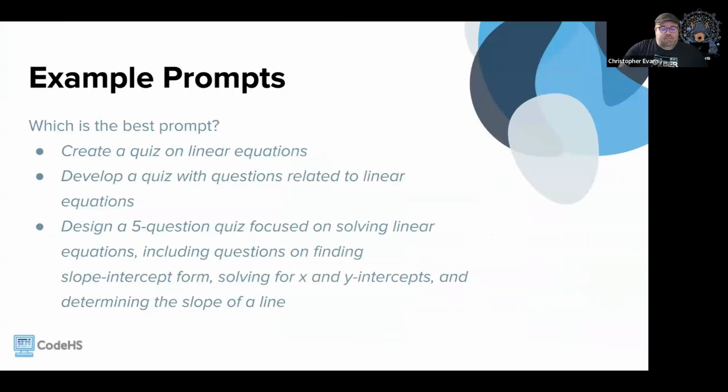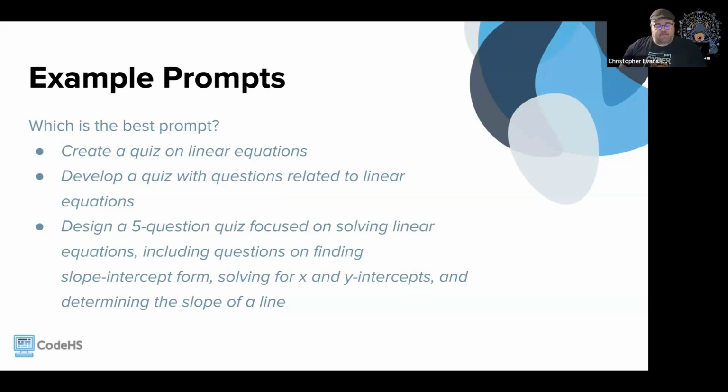Some more examples of some prompts that can get better. So, create a quiz on linear equations, develop a quiz with questions related to linear equations, design a 5-question quiz focused on solving linear equations, including questions on finding slope-intercept form, solving for x and y intercepts, and determining the slope of a line.